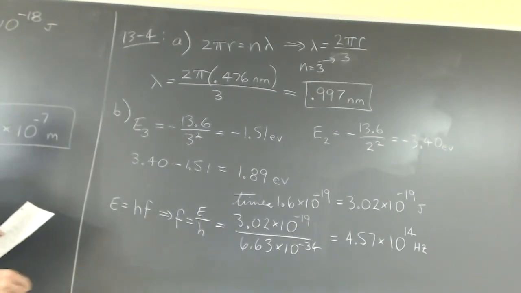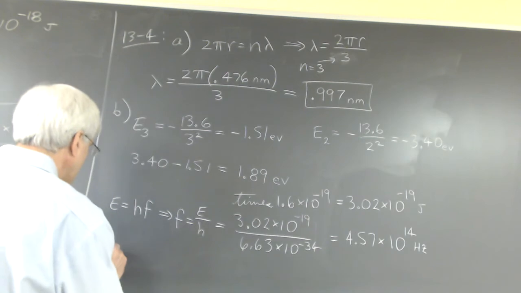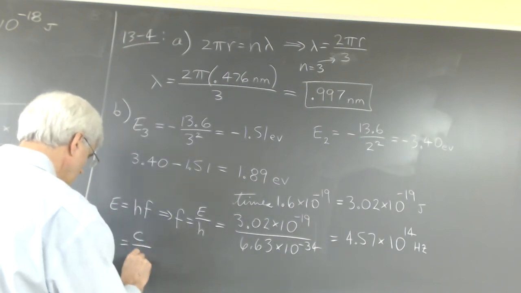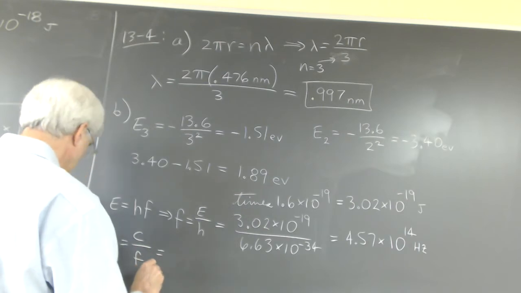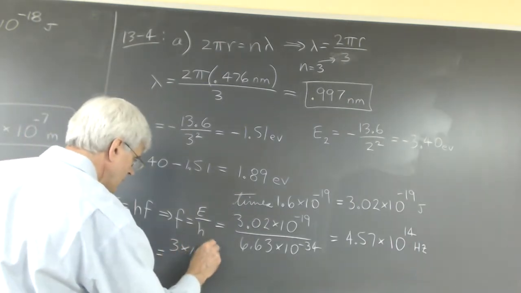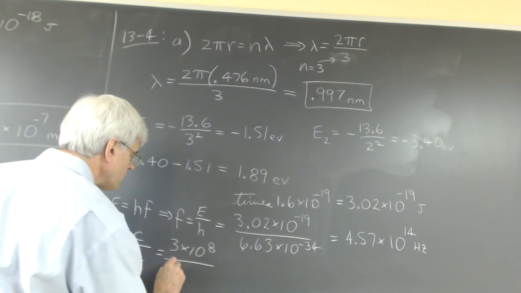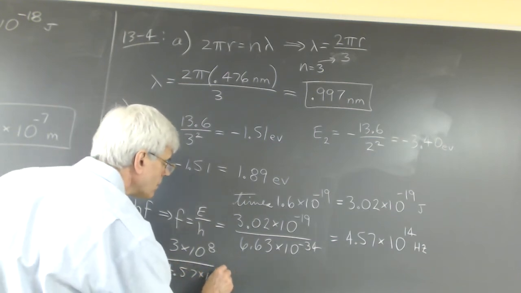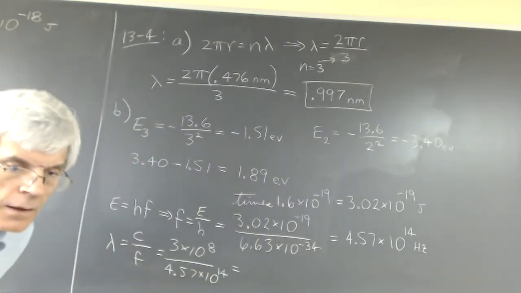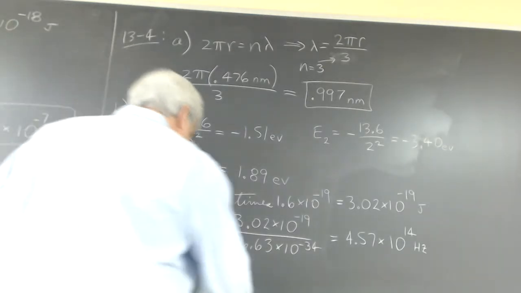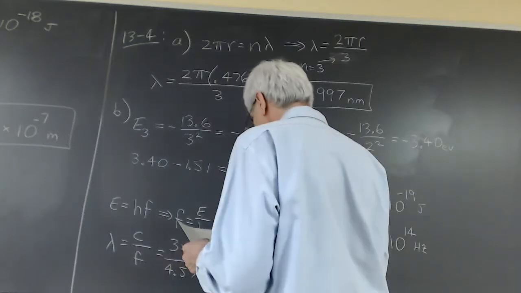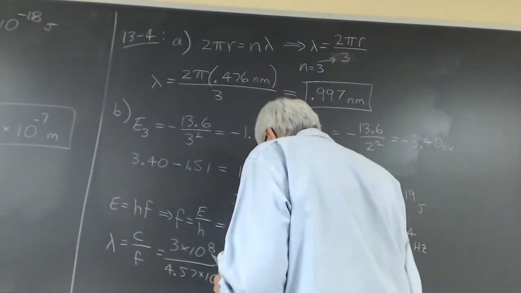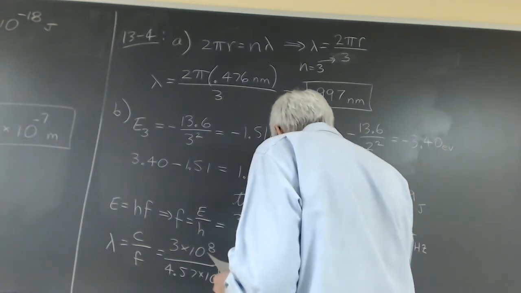And kind of squeezing it in on the bottom, what was asked for was the wavelength. Times 10 to the 8 over that number I just calculated. Yes, I have not gone off the bottom of the screen. 6.59 times 10 to the -7.